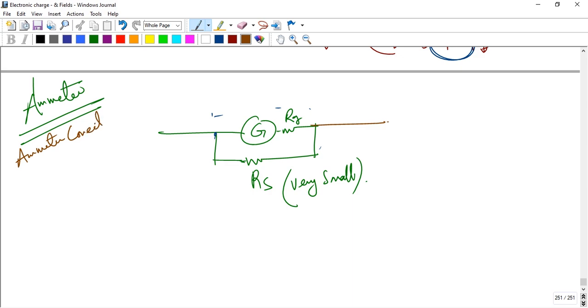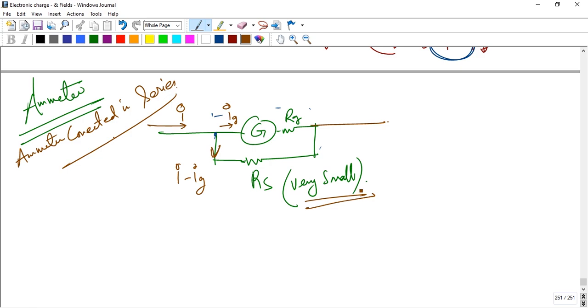When the ammeter is connected in series, the circuit current is I, the galvanometer current is Ig, and the current passing through Rs is I minus Ig. If Rs is very small, then I minus Ig is very high, so the main circuit current passes through that.